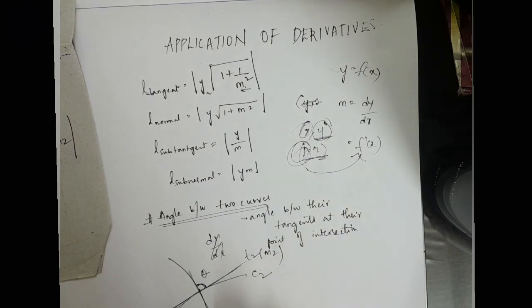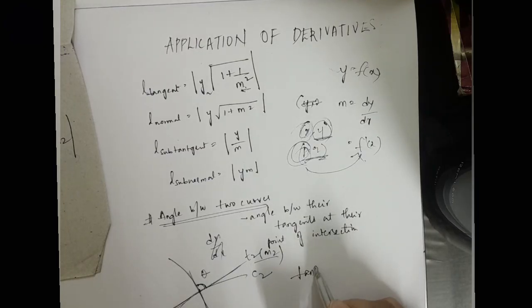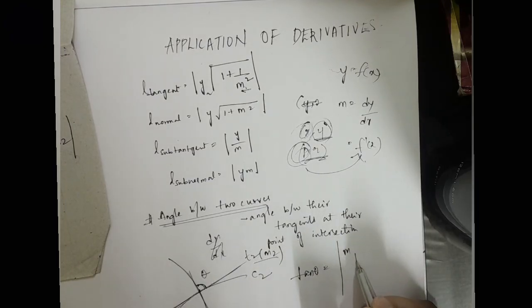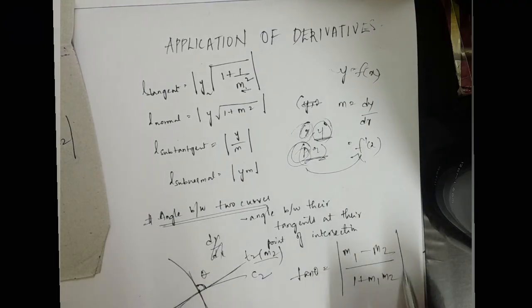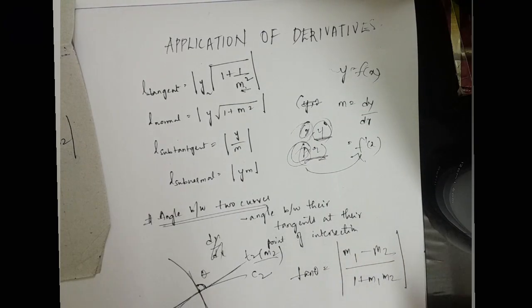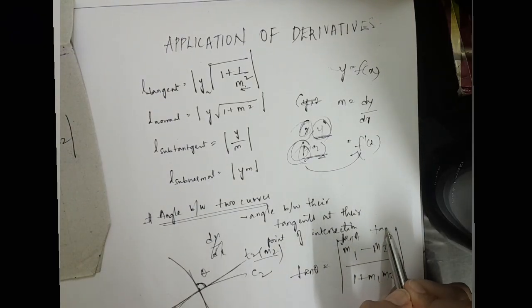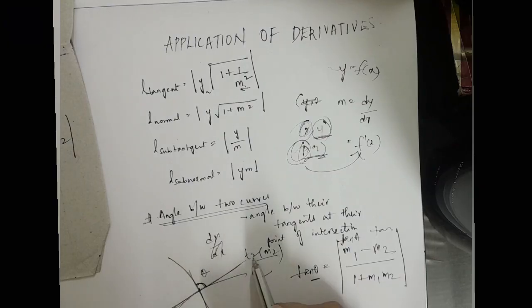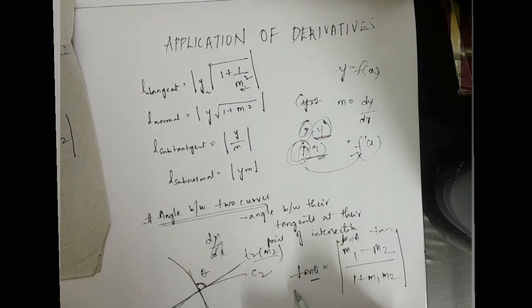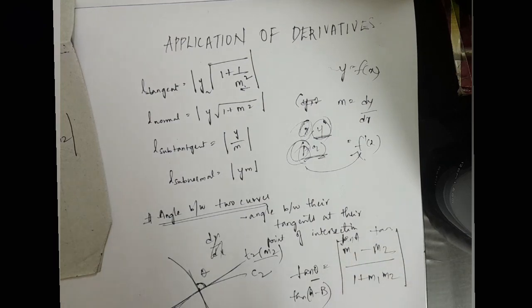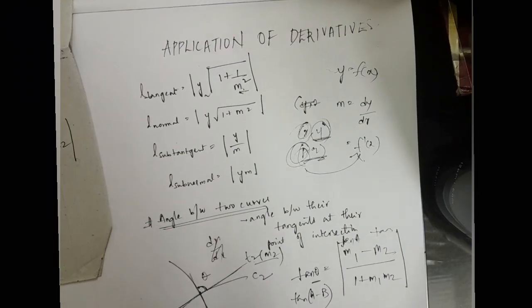So we have the slope of the first tangent m1 and the slope of the second tangent is m2, and this is a formula you need to remember, that tan theta is (m1 minus m2) over (1 plus m1 m2). You can see that this is really just the tan(a minus b) formula. So this is like a tan a and that's a tan b, and you need theta, which is like the subtraction of the slopes. So that's tan of (a minus b). You just do (tan a minus tan b) over (1 plus tan a tan b).